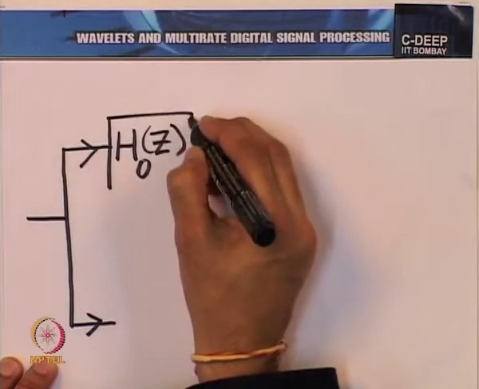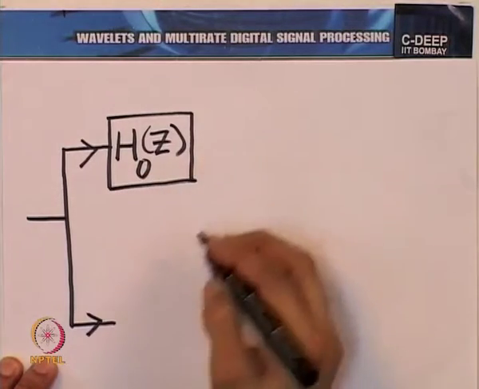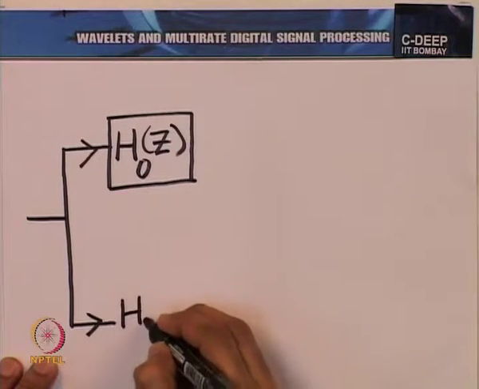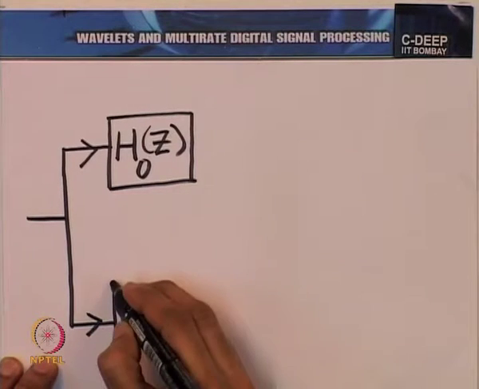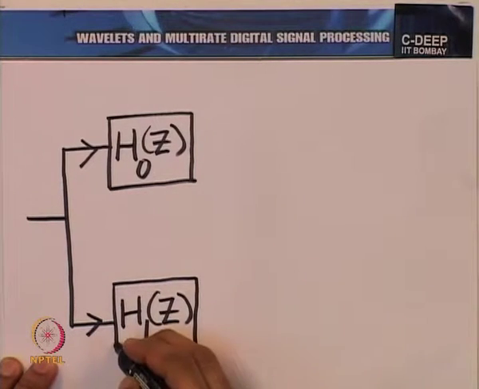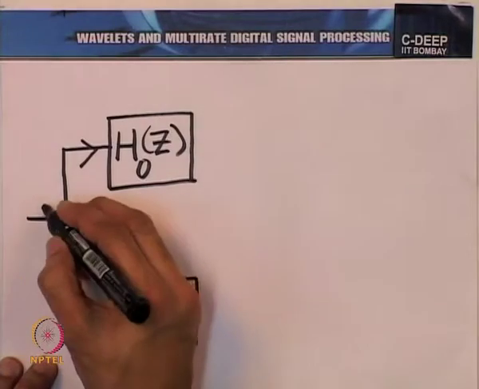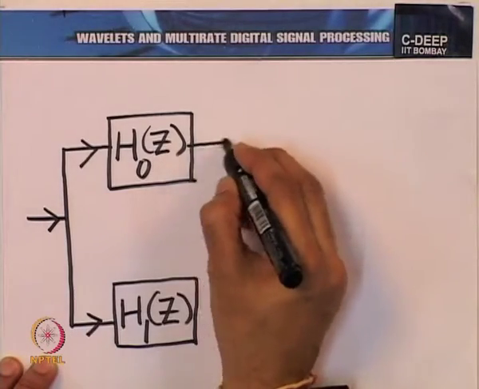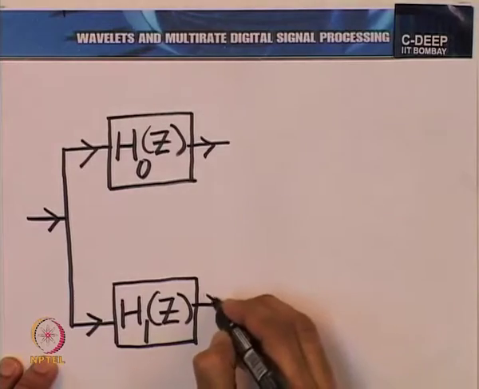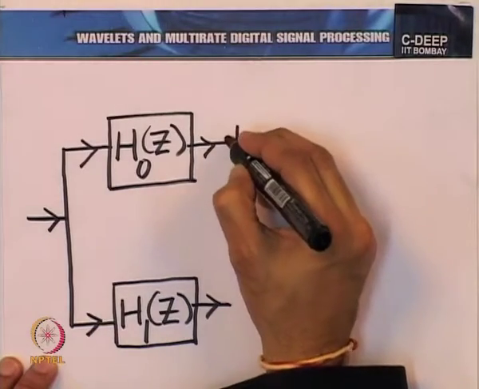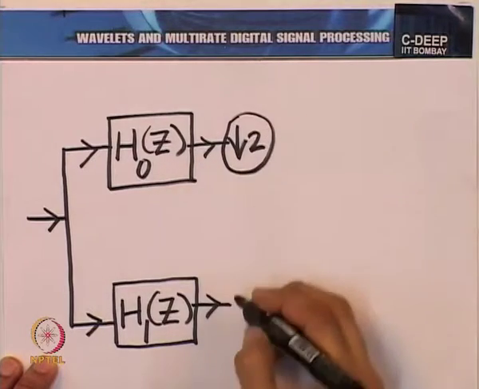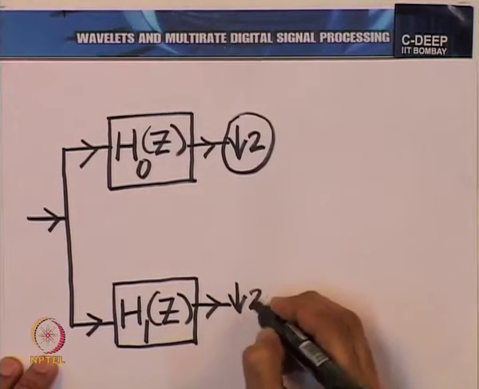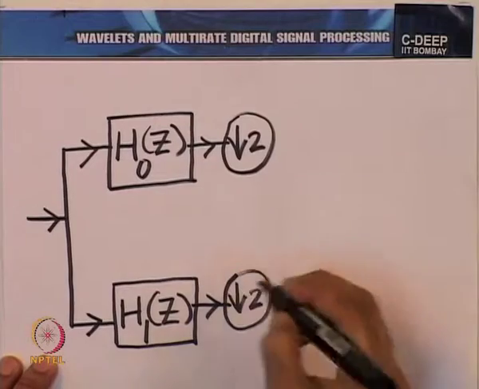We had given the following nomenclature for the analysis and the synthesis side. I shall just recapitulate that. So, on the analysis side, we have two filters, the low pass analysis filter and the high pass analysis filter, followed by downsampling operations.